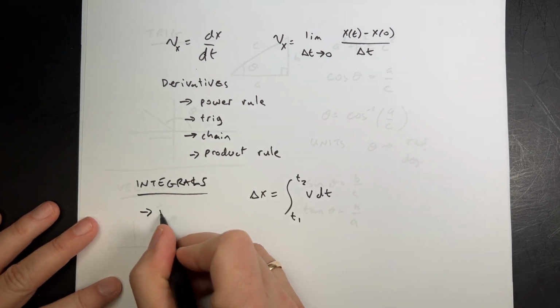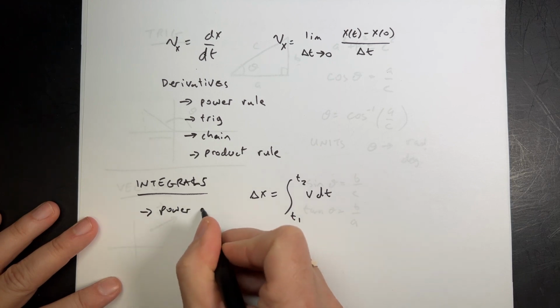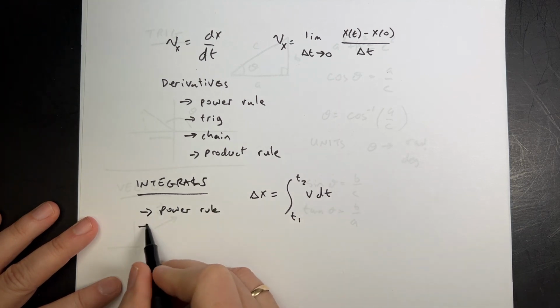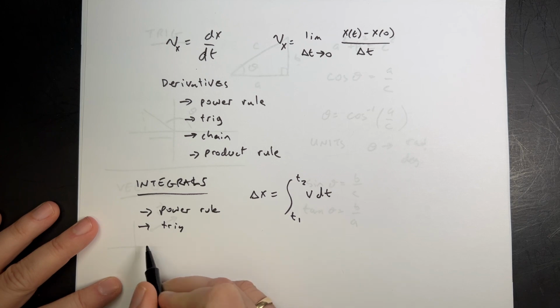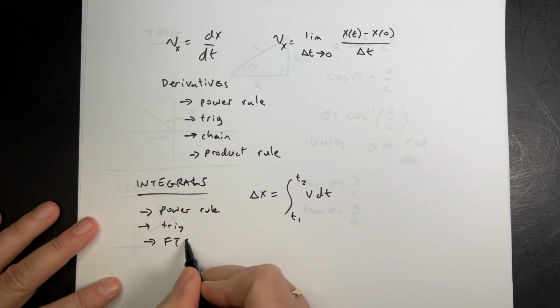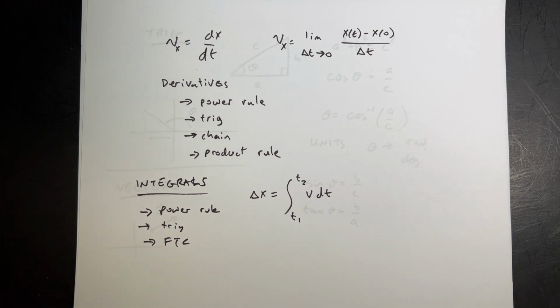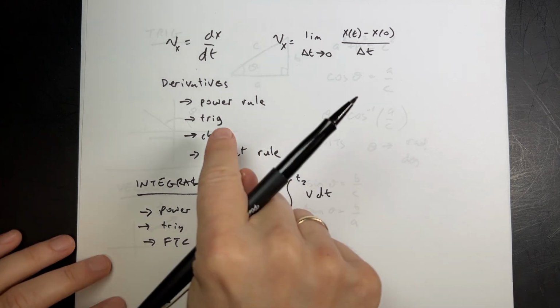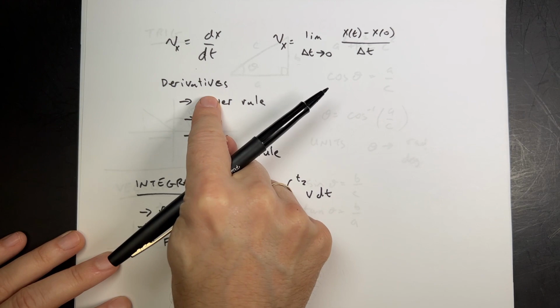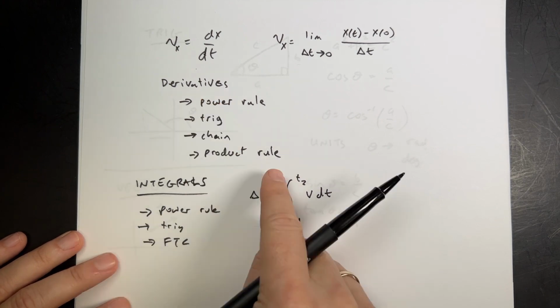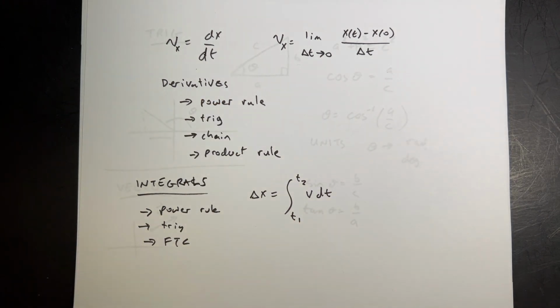Again, power rule, you need to know that. Trig integrals. And the fundamental theorem of calculus is that an integral is the opposite of a derivative, which is really kind of weird. What is a derivative? It's the rate of change of a function. What is an integral? It's a sum of areas under a curve. And it turns out that it is the opposite of a derivative, which is actually kind of weird.